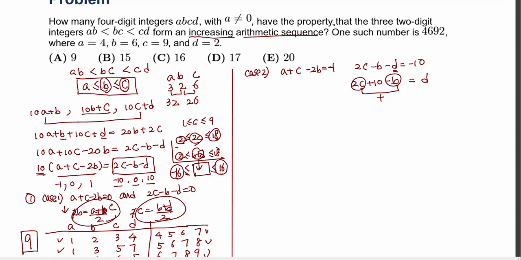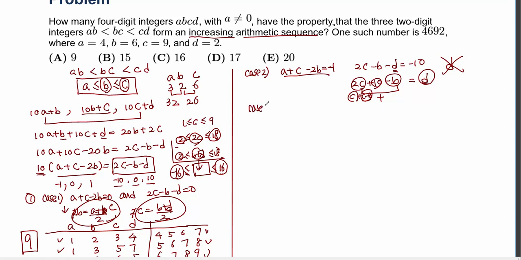If they are equal, it's still positive, right? Because we have 2c over here. c plus some number that is more than 10 cannot be a 2-digit number. So the maximum number is 9. So that is not working. When you use this one, there is no value of d. So this is impossible.